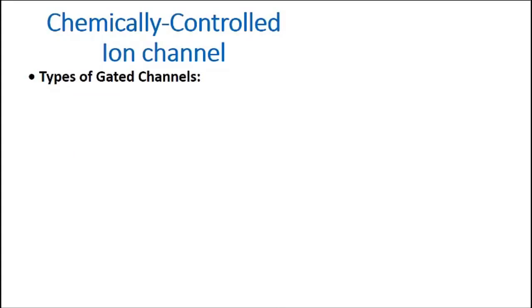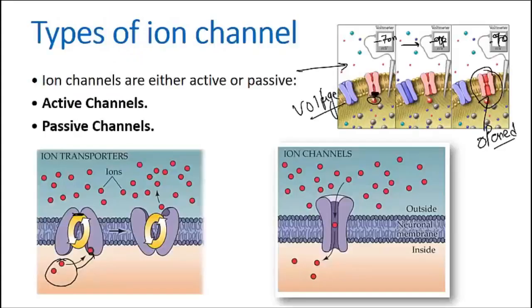Now, what are the different types of channels that we're talking about? Voltage gated ion channels. These are active channels. They have gates that can only open and close due to specific voltage.